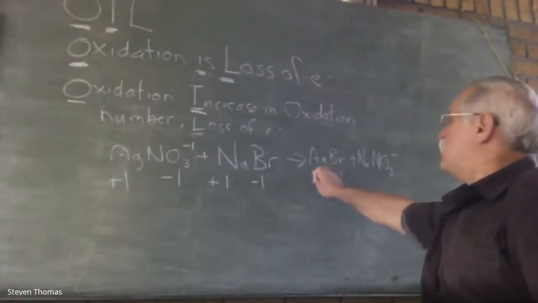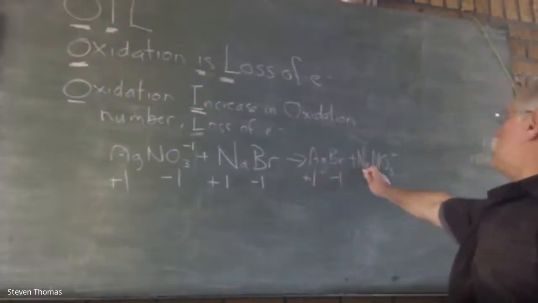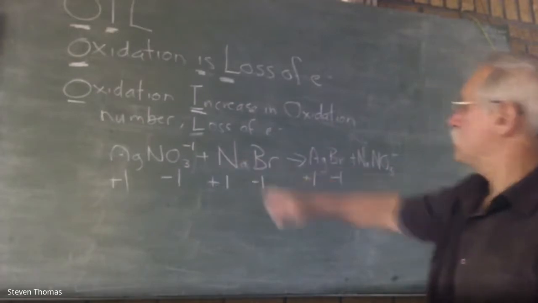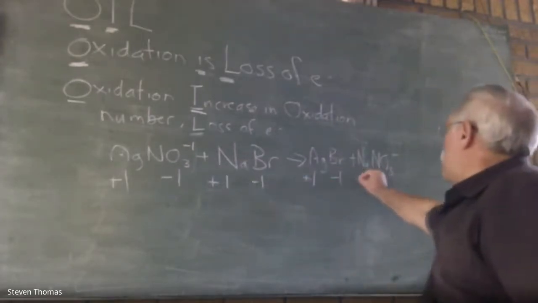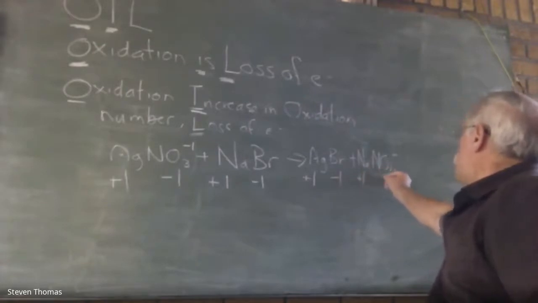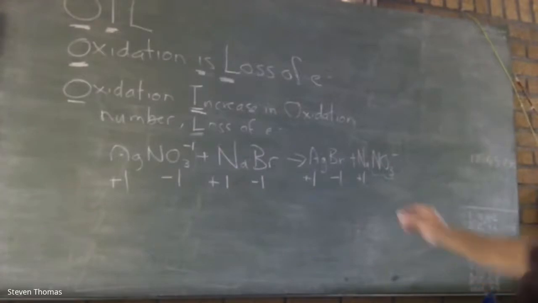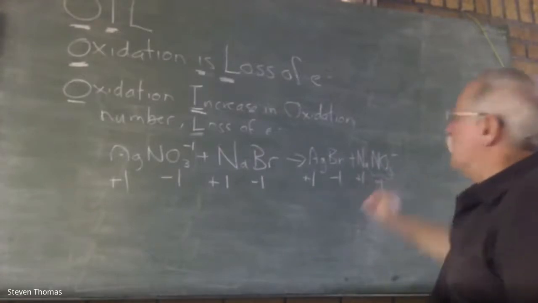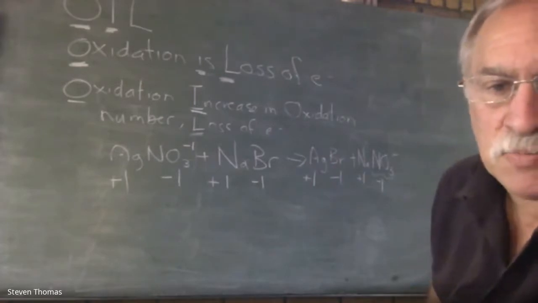So what is the silver? +1. What is the sodium? +1. And nitrate? -1. So all they've done is swap partners.